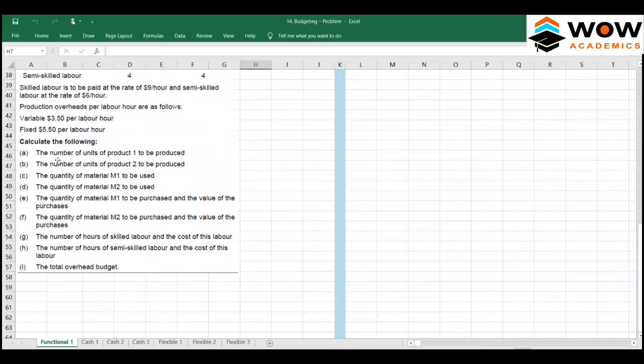So we'll start with the requirements. The requirements are these, so we'll just type them nearby. Number of units of P1 to be produced.